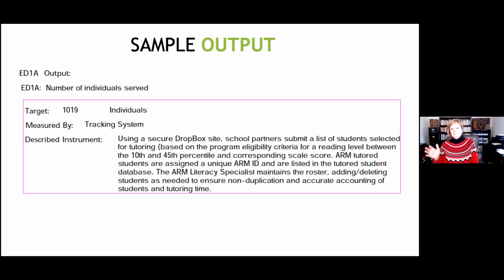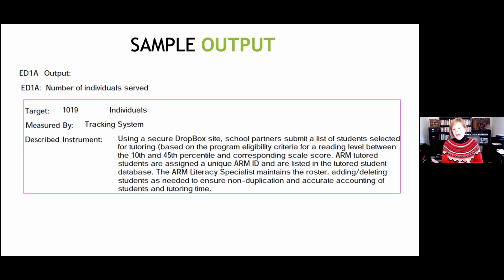Then each person gets a unique ID and they're listed in the student database. Who maintains the roster? They add or delete as needed to ensure non-duplication, which is what I was talking about before, and accurate accounting of students and tutoring time.